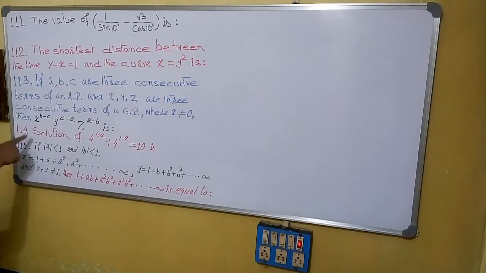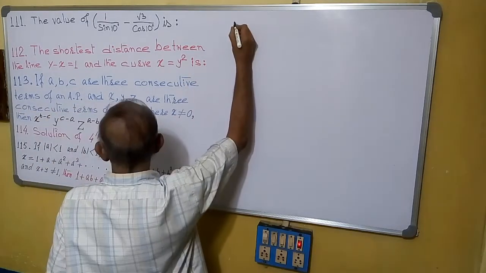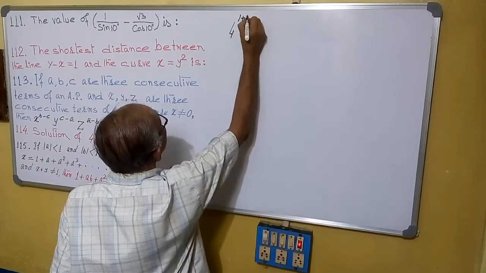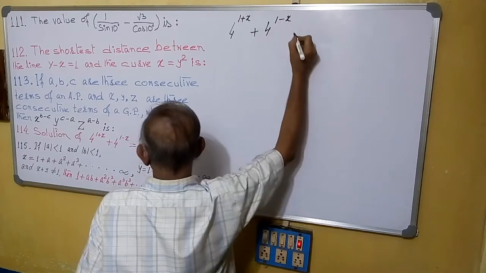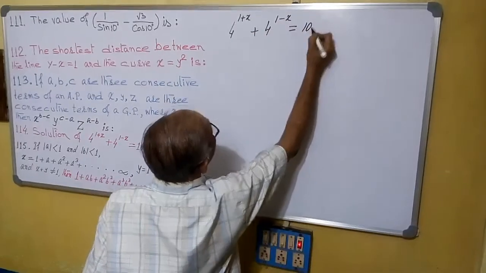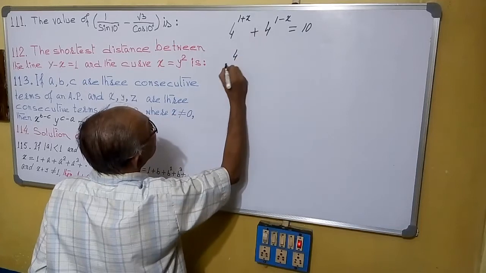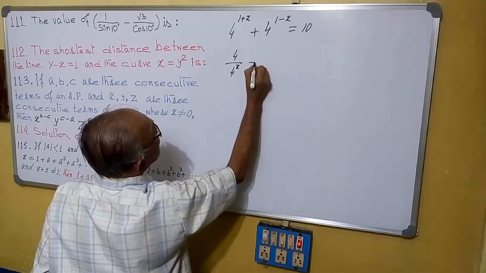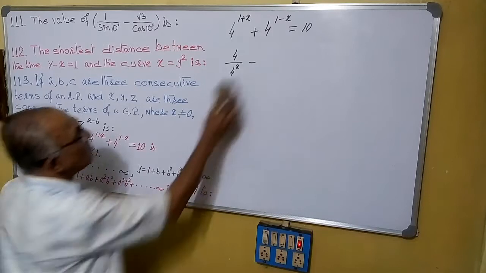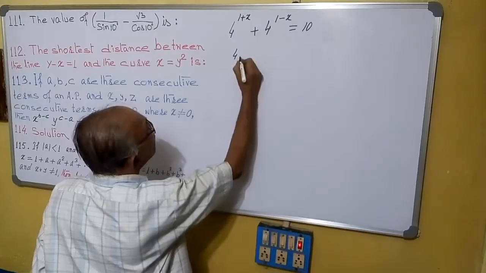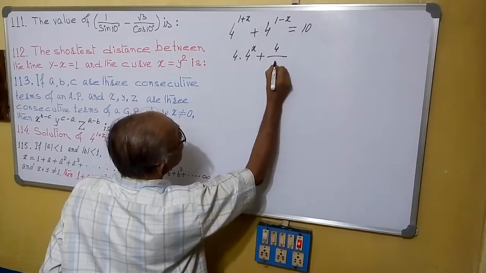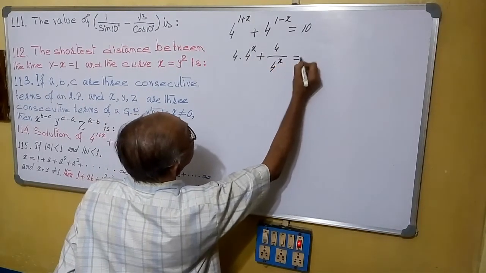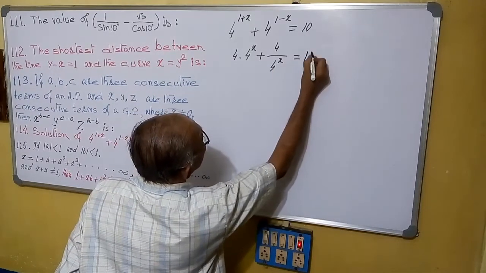Now, solution of this equation. 4 to the power 1 plus x plus 4 to the power 1 minus x equals 10. We can write 4 into 4 to the power x plus 4 by 4 to the power x equals 10.